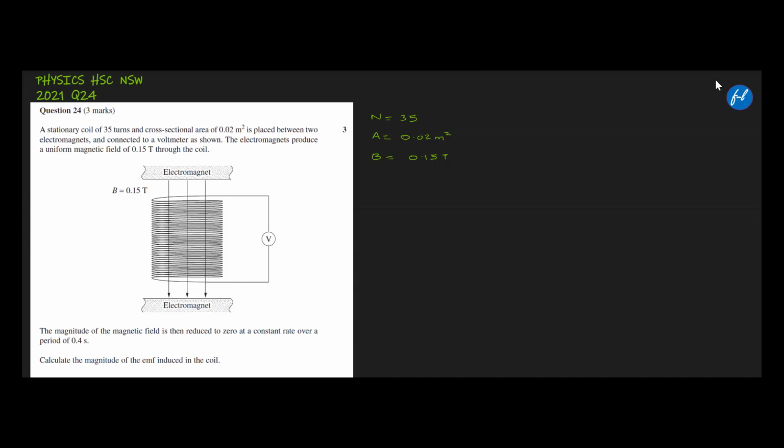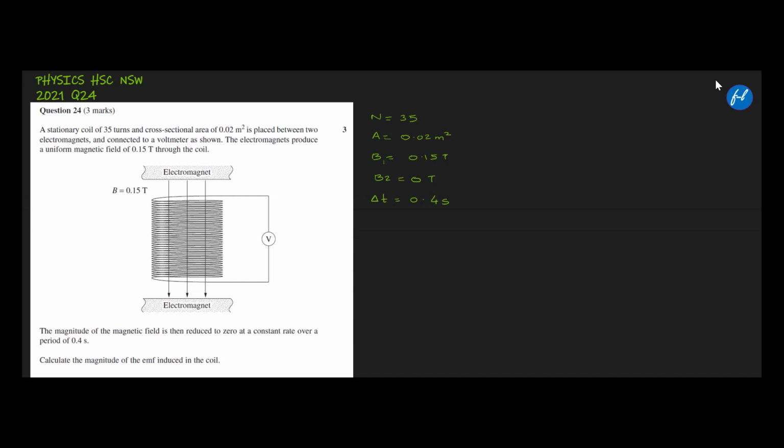So I can write that B1 is the initial magnitude of the magnetic field, and the final magnitude is given as 0 Tesla over a period of delta T, that is the period during which this change of B happens, that is given as 0.4 seconds.